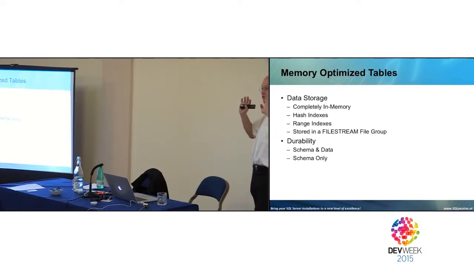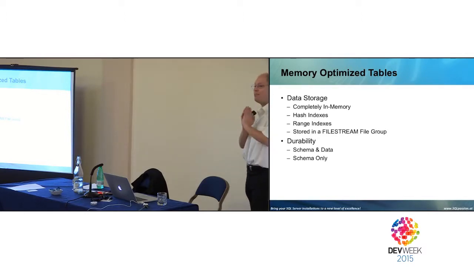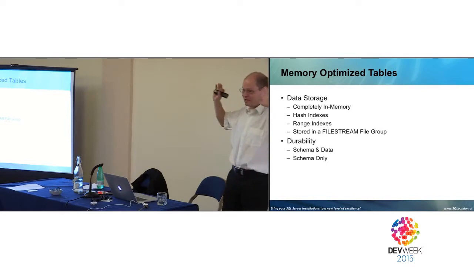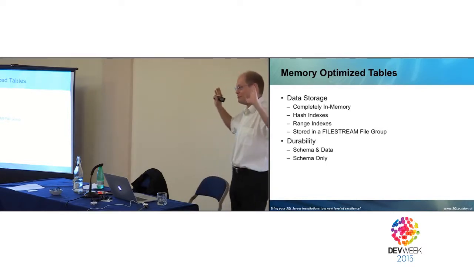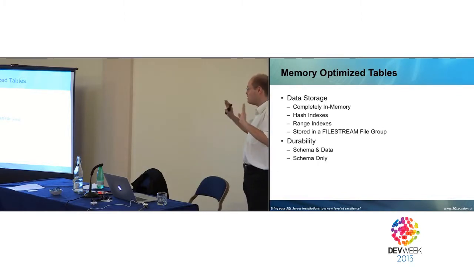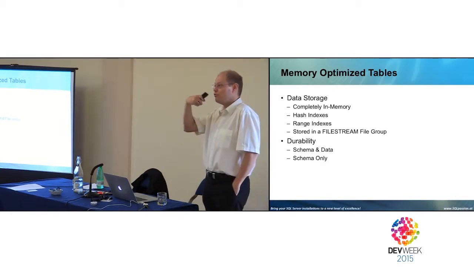The traditional SQL Server supported up to 999 non-clustered indexes. Of course, when you hit that limitation, you have already failed and have a huge amount of other performance problems. But here, we have just the possibility to create up to 8 indexes, hash or range.